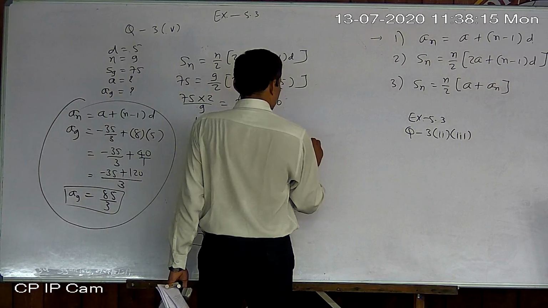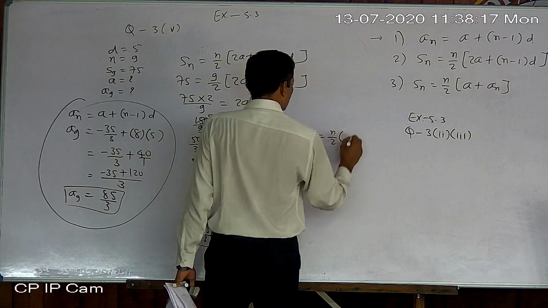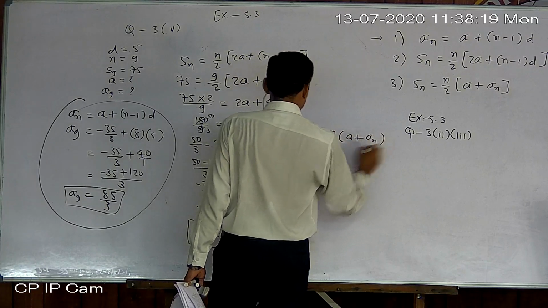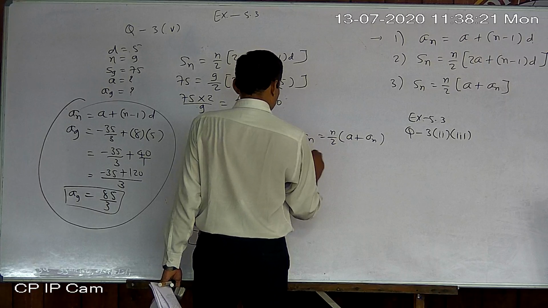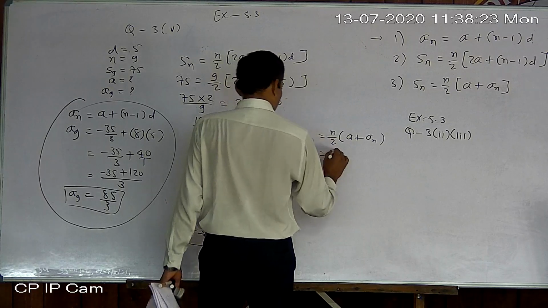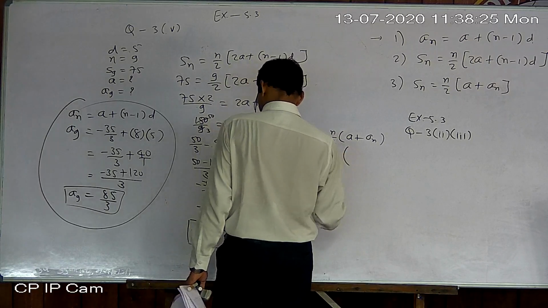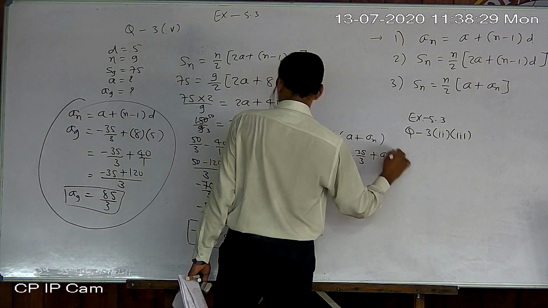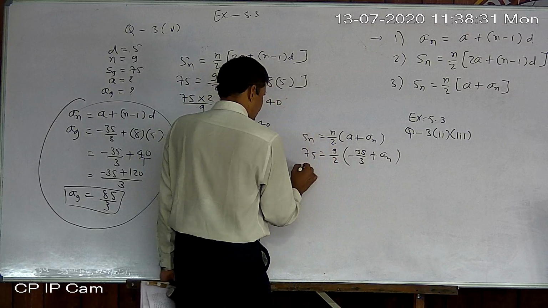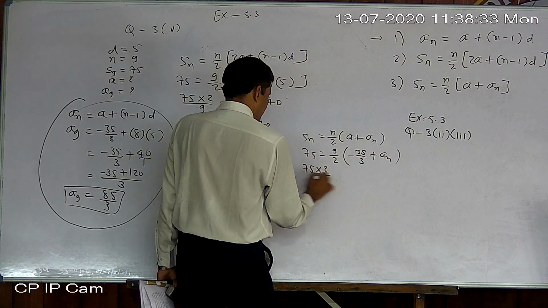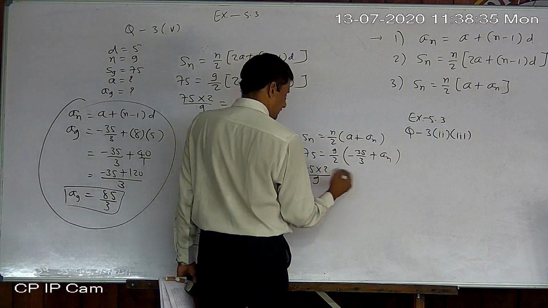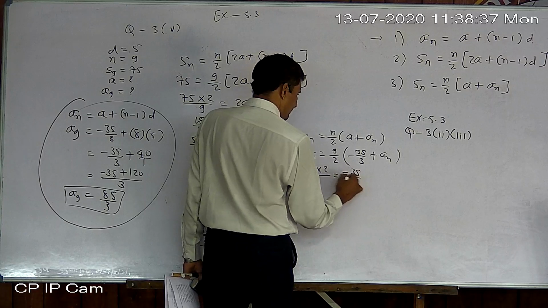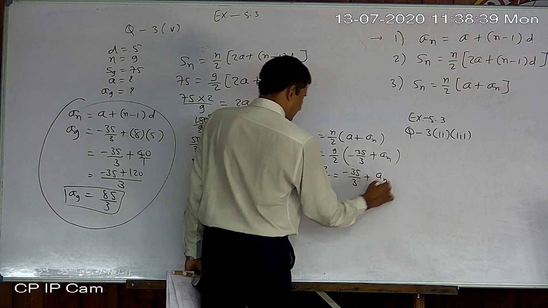So Sn is equal to n by 2 into A plus An. Sn is given 75, n is given 9, A is minus 35 by 3, plus An. Okay. Now substitute here. So 75 into 2 upon 9 is equal to minus 35 upon 3 plus An.